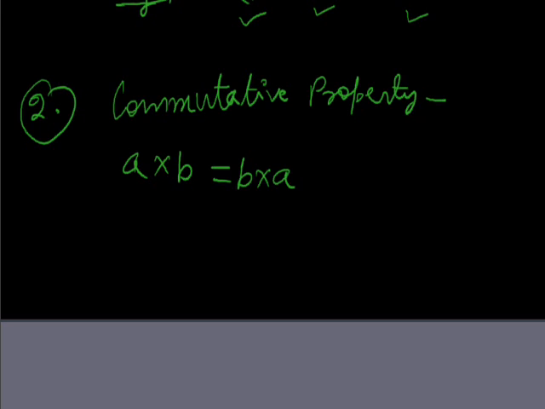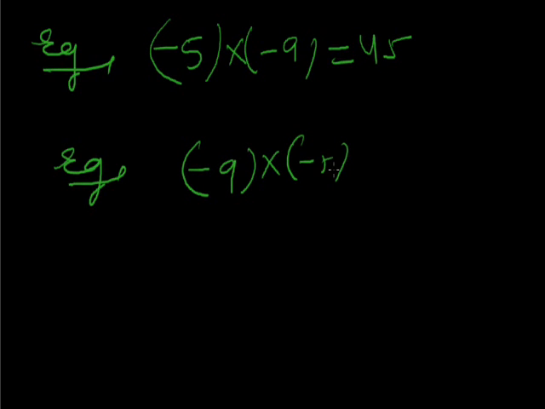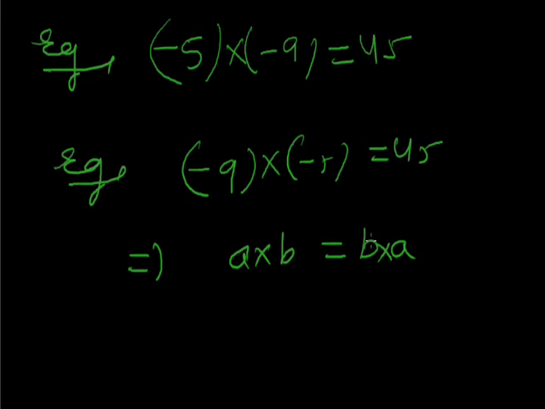For example, if we multiply minus 5 by minus 9 we get 45. Another example, minus 9 into minus 5, same answer 45, which implies that a cross b is equal to b cross a. This is commutative property.